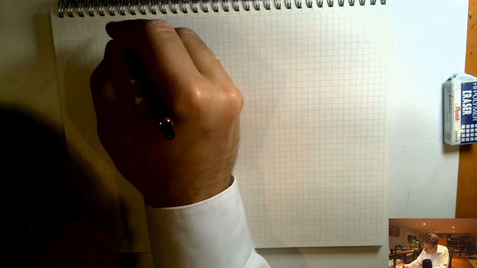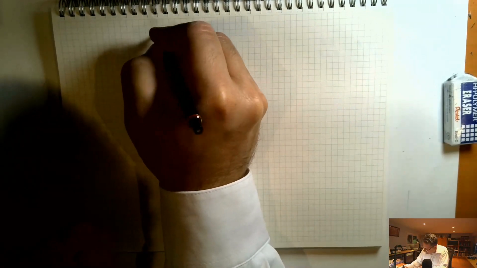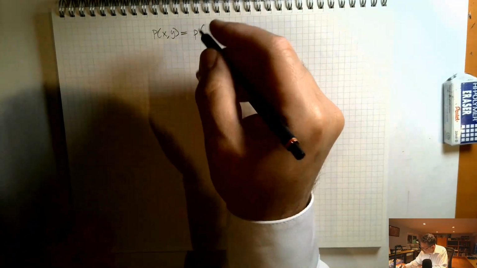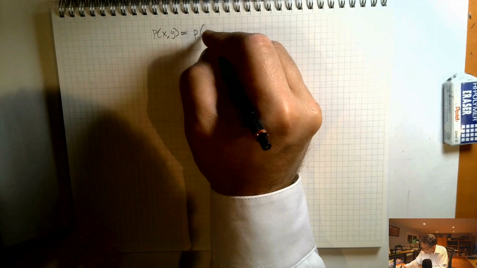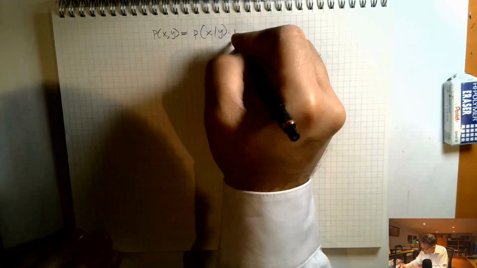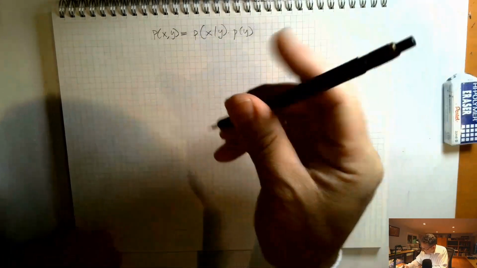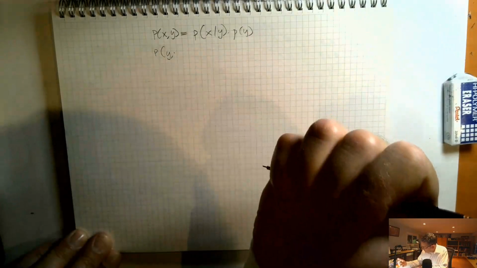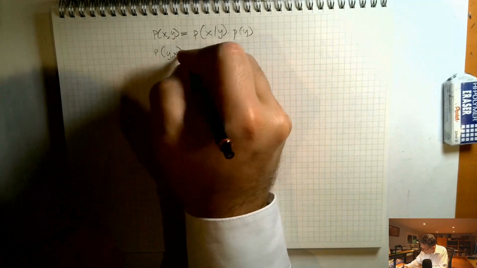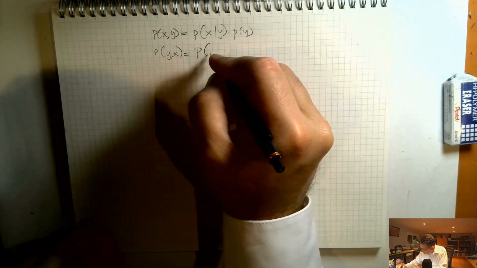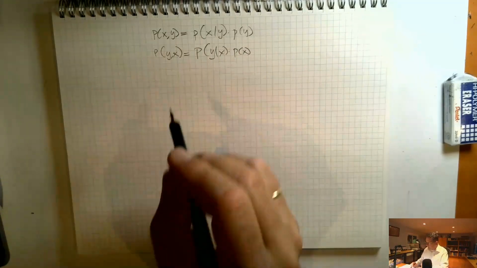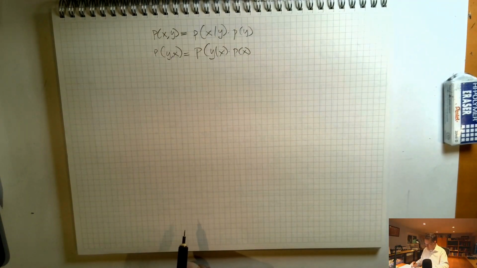The product rule says that P of x comma y is equal to P of x given y times P of y, or equivalently P of y comma x is equal to P of y given x times P of x, which is basically what we had done just now with x.